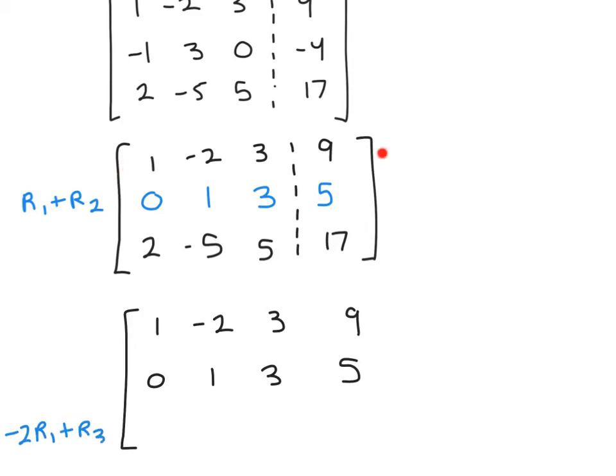So I'm going to multiply this by -2, and I'm going to add it here. So this gives us -2 plus 2, so we'll have a 0. And then we'd have 4 plus -5, so we have a -1. And then we'll have -6 plus 5, so we'll have another -1. And then we'll have -18 plus 17, so we'll have another -1.